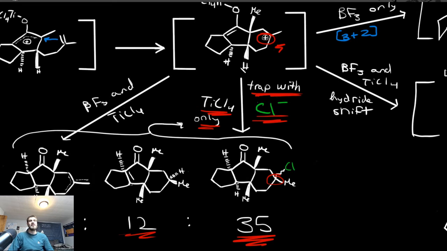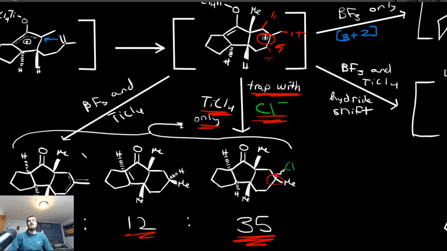So either of these hydrogens here, there's 2 here, or here, or here, got eliminated, so they got this elimination product. In the case where they only use titanium tetrachloride, this is the ratio.